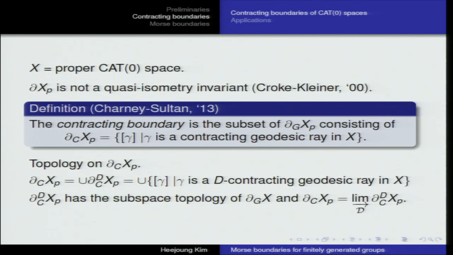So as I said, the contracting boundary is the union of these sets depending on D. And each set has the subspace topology of the Gromov boundary. And then take the direct limit for the contracting boundary, which means a set is open in the contracting boundary if and only if the set is open in each subspace topology.